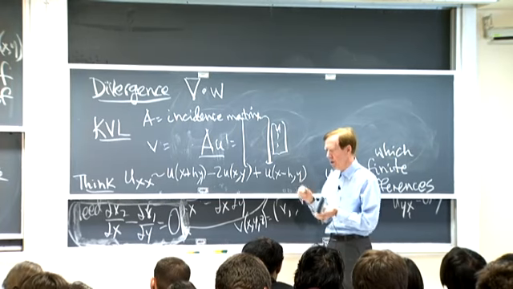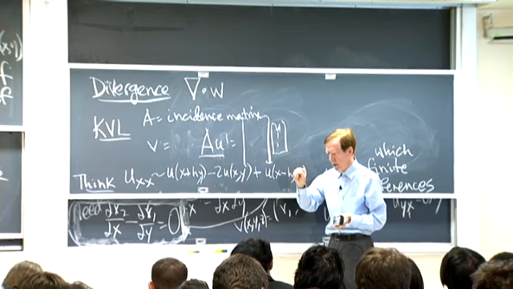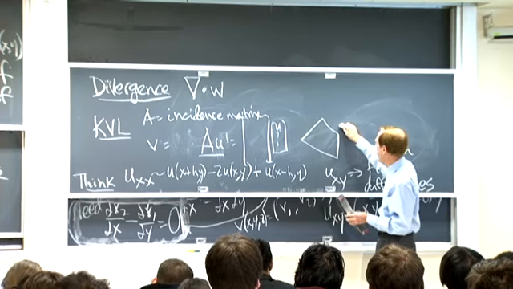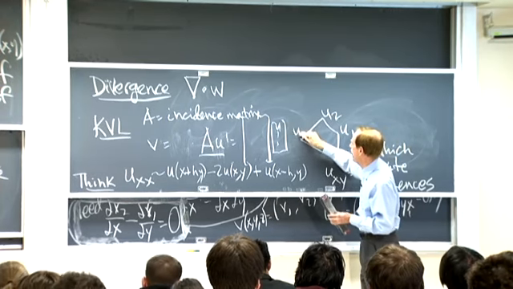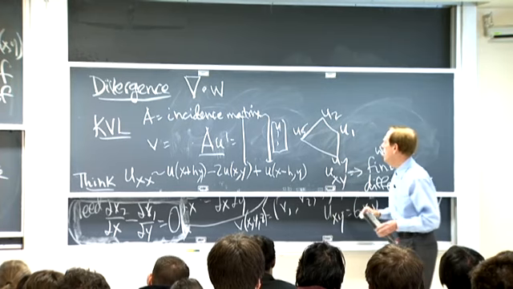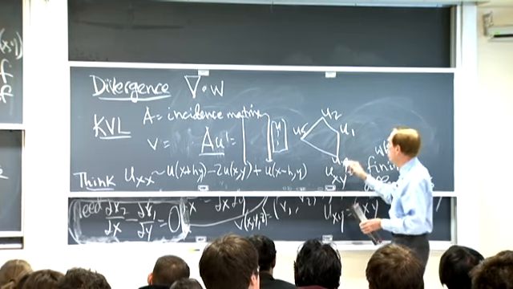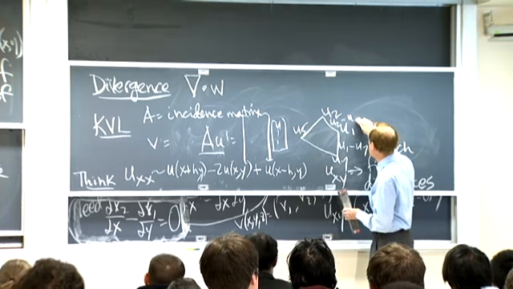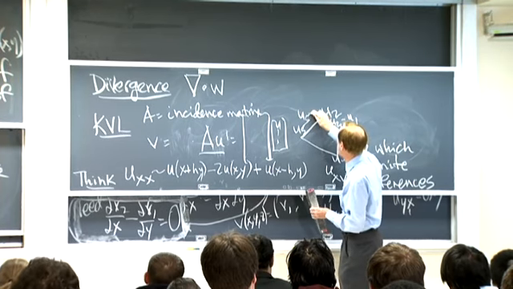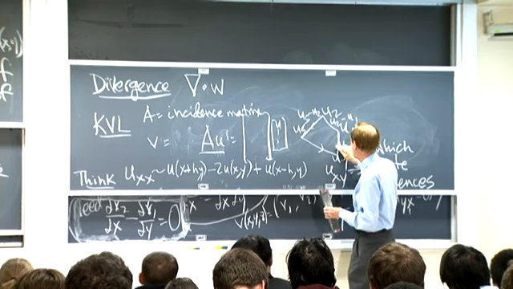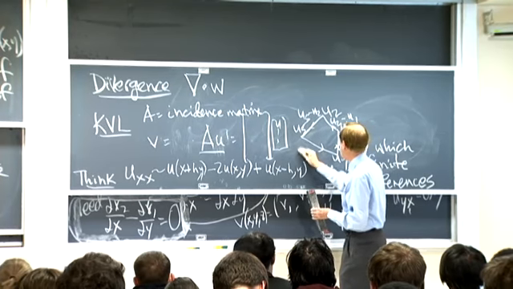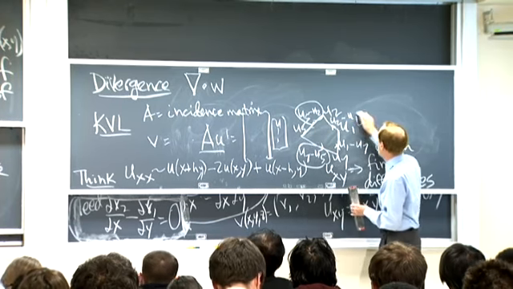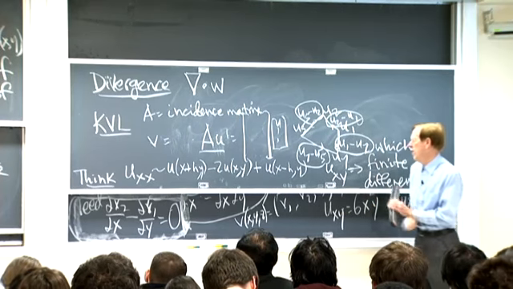The test is Kirchhoff's voltage law, that if I go around any loop in the graph, so if I have a U1 here, a U2 here, a U5 here, and a U7 here, then AU will produce a U1 minus U7 on that edge. It'll produce a U2 minus U1 on that edge. It'll produce a U5 minus U2 on that edge if the edges are all going that way. And it'll produce a U7 minus U5 on that edge. So I got four components of AU, 4 differences.